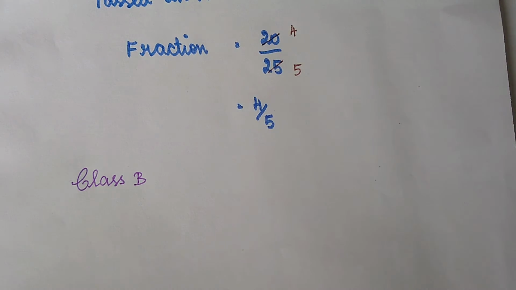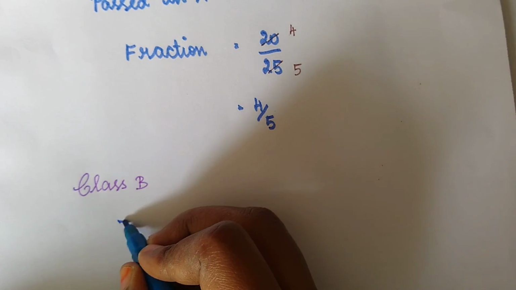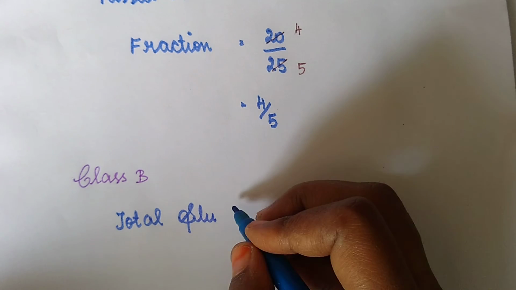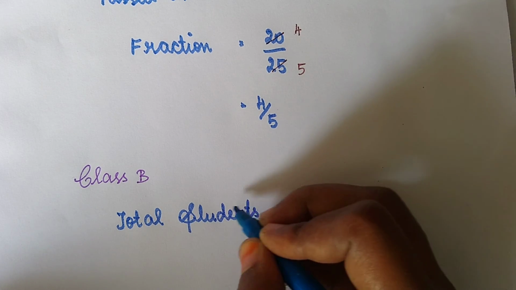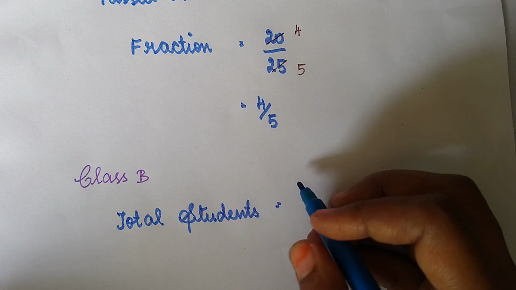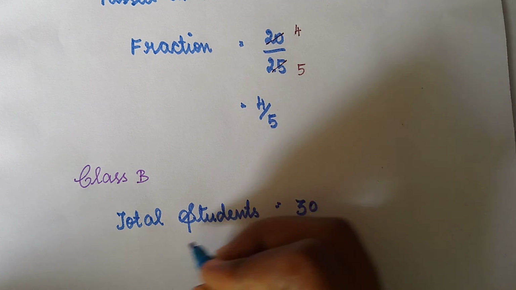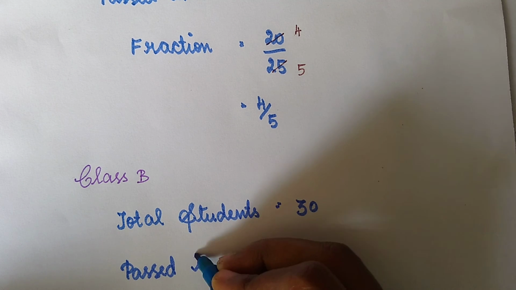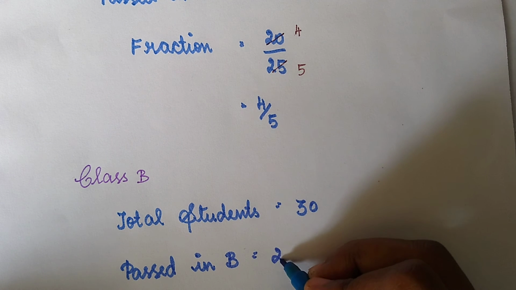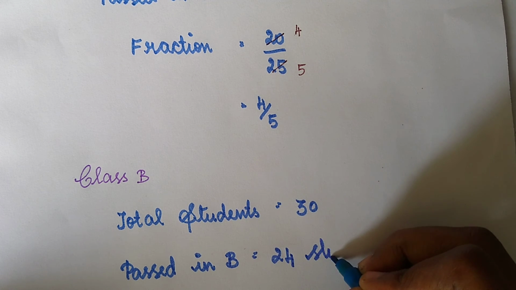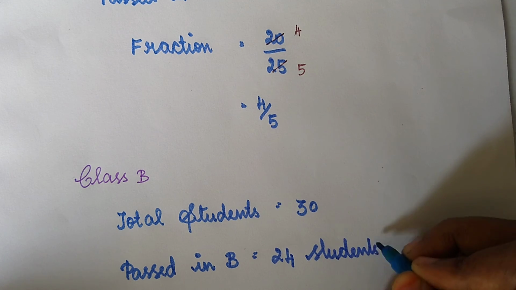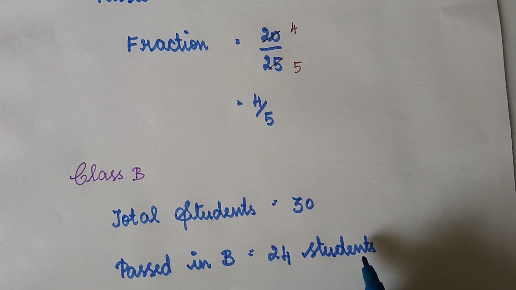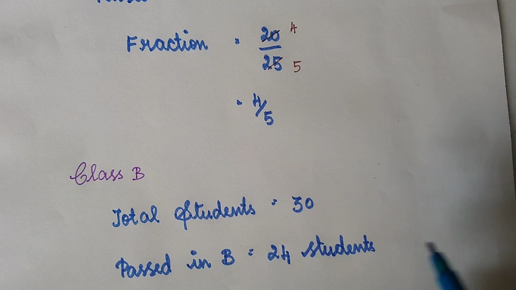Next we have to take class B. How many students are there in class B? Total students equal to 30 students. Passed in class B equal to 24 students. In class B, 24 students passed in first class out of 30 students.